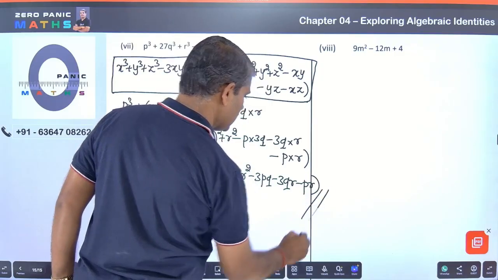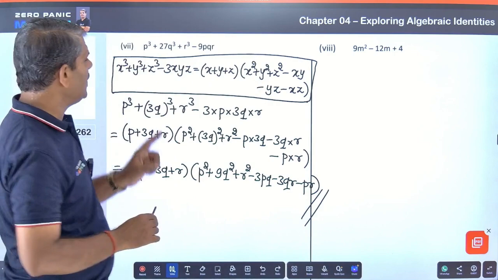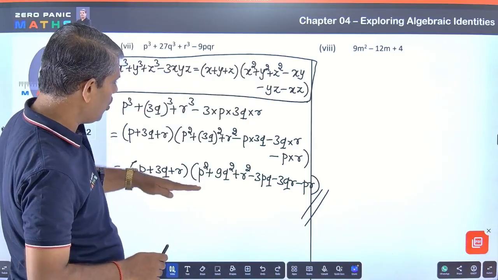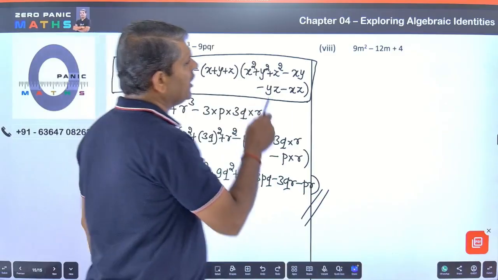I think this is the answer to this. But to do this, you have to remember this identity, apply that identity and do all the multiplications carefully. Let us quickly do the next one.